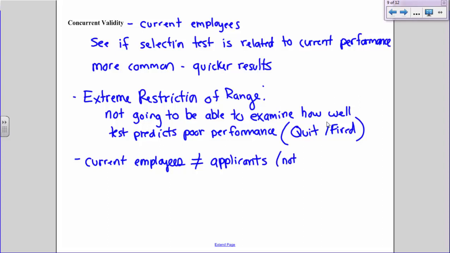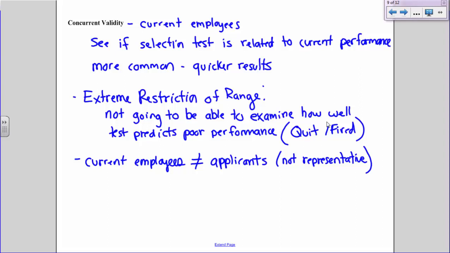Not super representative. Because really the goal is to find applicants and predict their performance, right? So you want whoever you test the selection test with to represent applicants. And current employees just don't, because they've got more knowledge and experience in on-the-job training than applicants do.